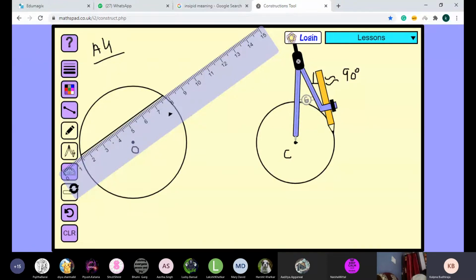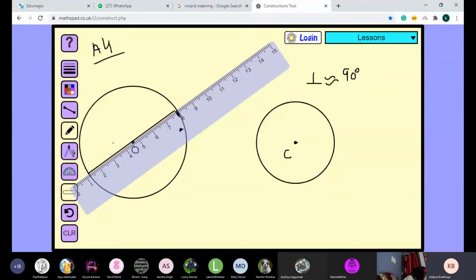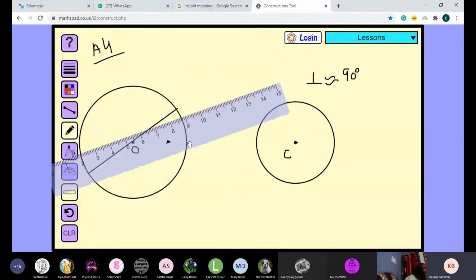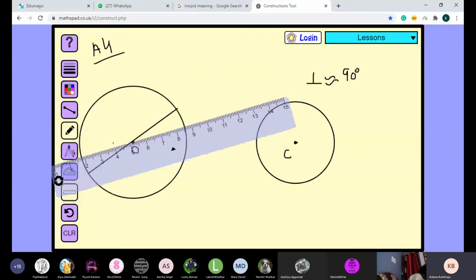Sorry, I have to take the diameter. Just a minute. So here I am trying to keep the angle between them such that it is an acute angle. Now you can see here, I am placing the scale.